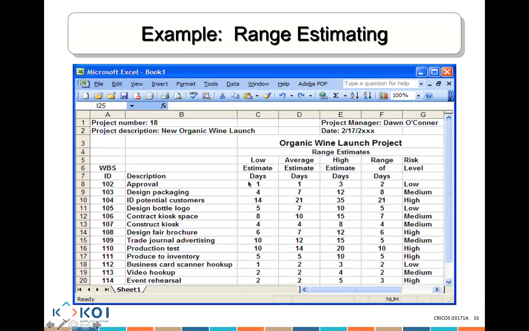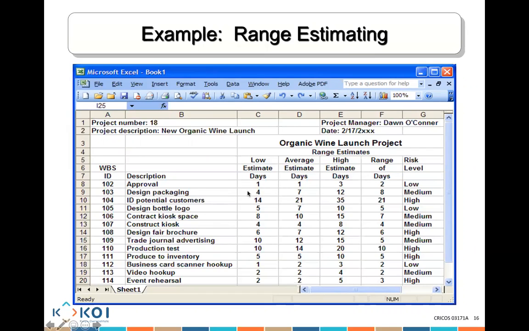So the total here is 8. 8 divided by 6, you basically know that the estimation is more likely to be around 2 days. So 1A plus 4 times B plus C, divided by 6, will give me the average.